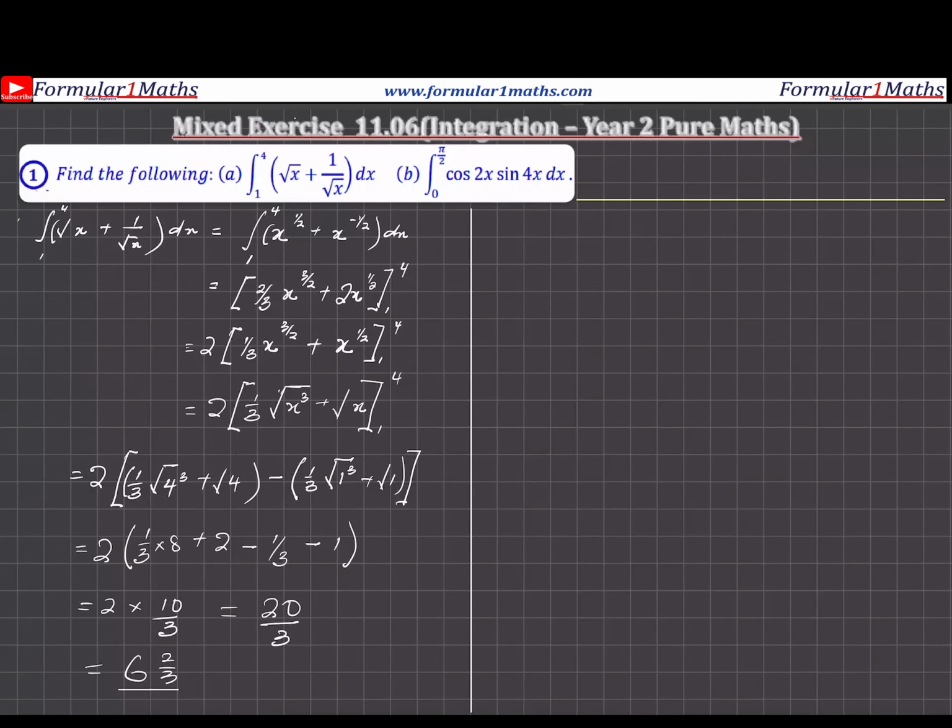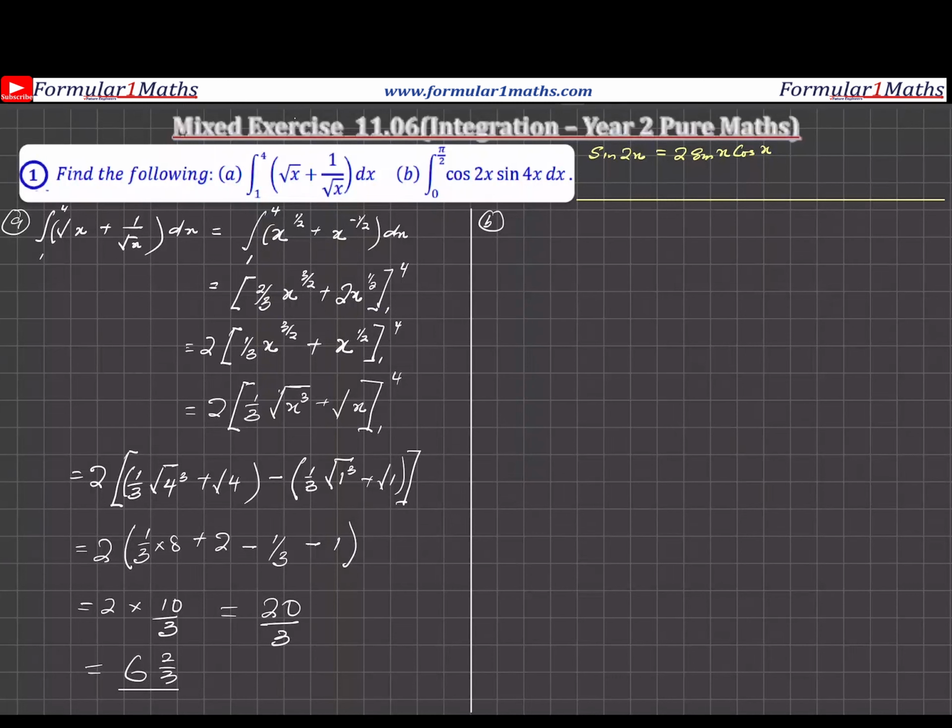So that's A. For B, we need to rewrite this in a form that can be integrated easily. And I'm going to use 3 identities to achieve that. The identity I'm going to use is sine 2x is equal to 2 sine x cos x.